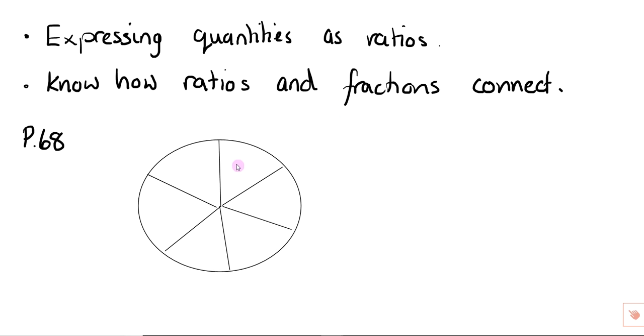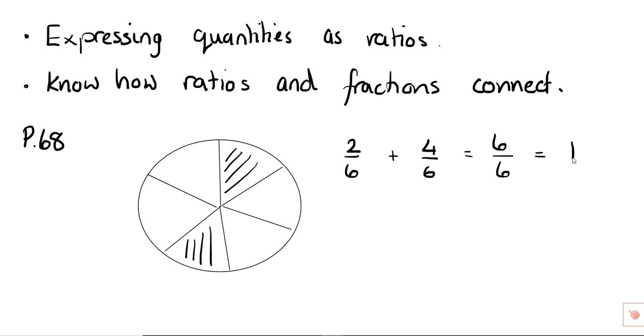And let's say I take that piece and that piece. What fraction of the cake do I get? 2/6. What fraction of the cake do you get if you get the rest? 4/6. Because if I add those together, I get 6/6, which is the whole cake.